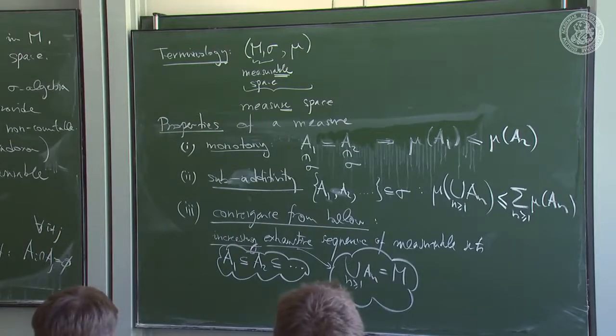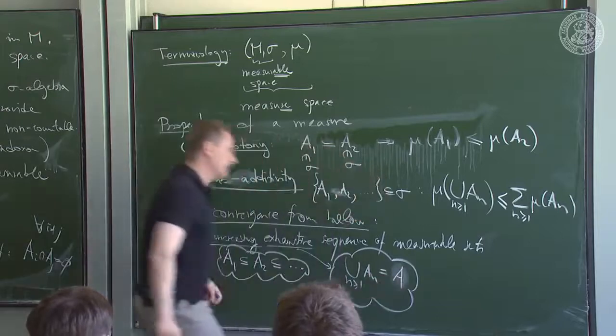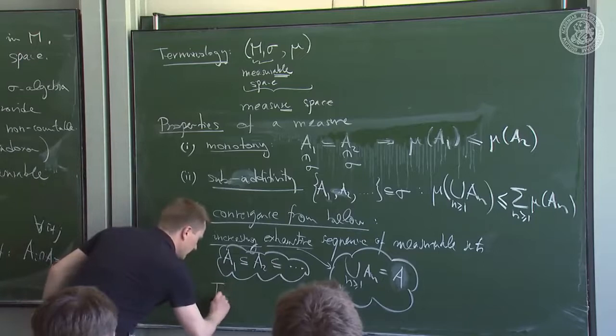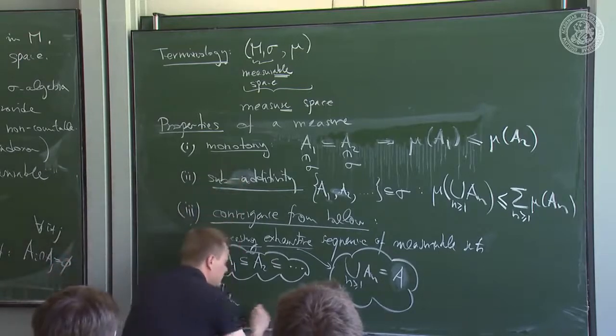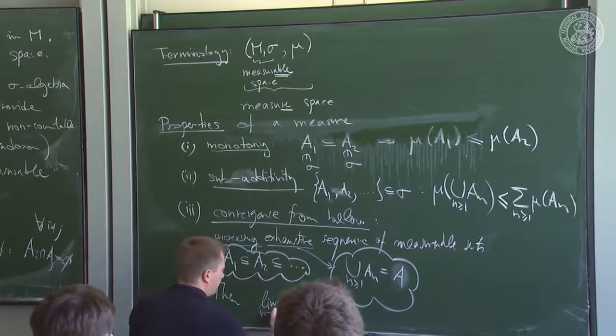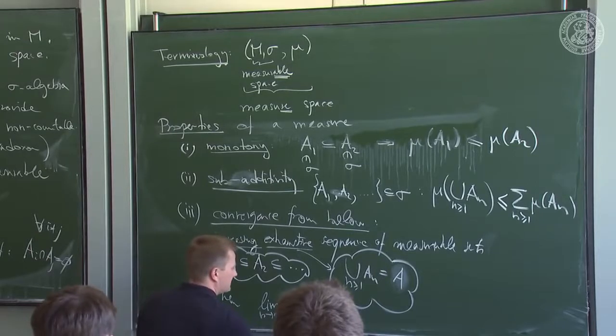Not the entire space, I'm sorry. You get a set A. Then, if you take the limit n to infinity of the measure of the A_n, you can pull the limit in, so to speak.